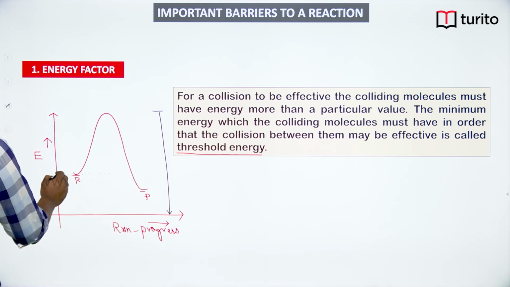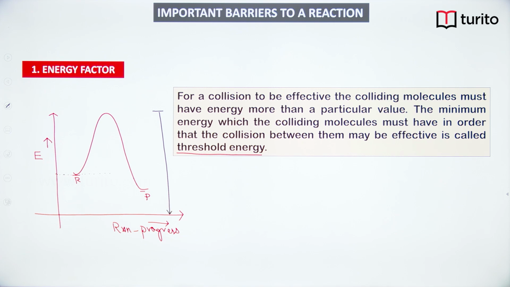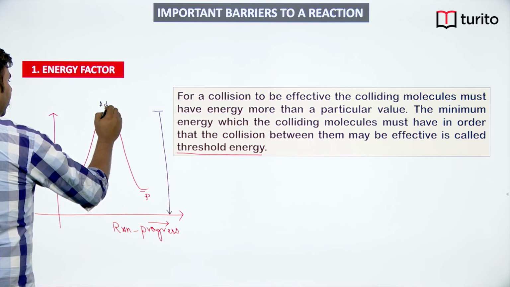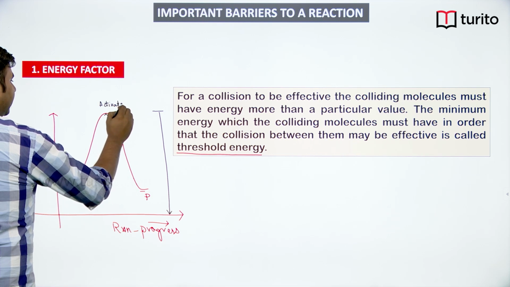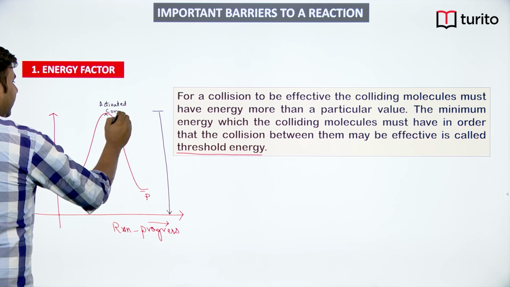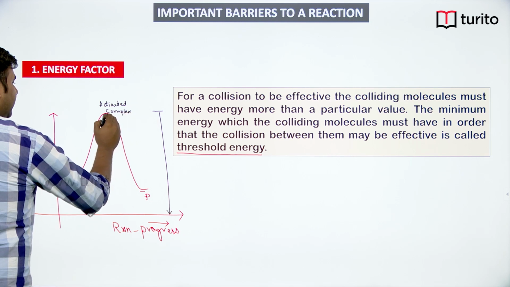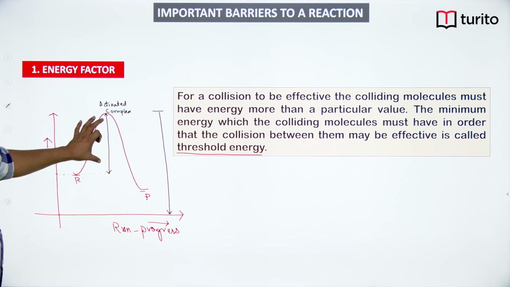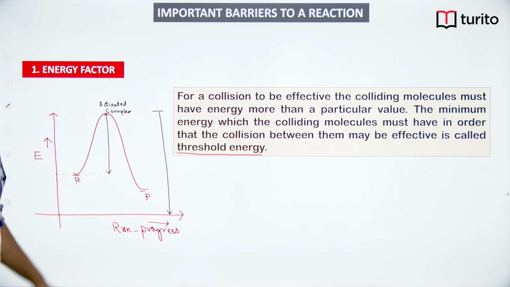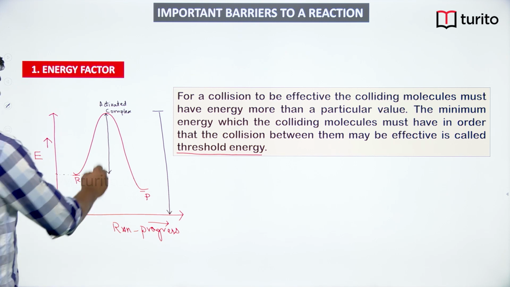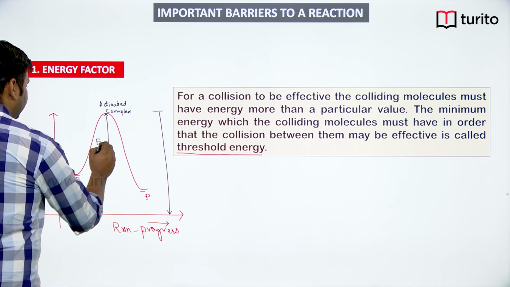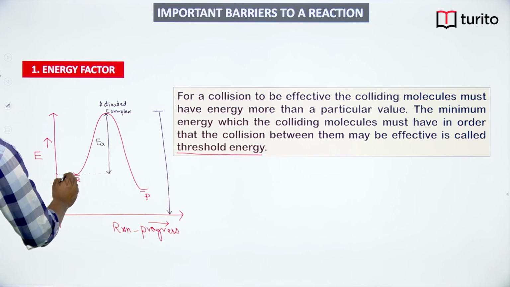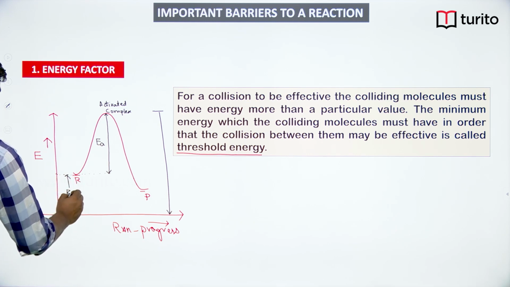This was the energy of the reactant, and this was your activated complex, which we have already defined as the transition state. The difference in the energy between the reactants and the activated complex is your activation energy. So this was the activation energy of the forward reaction, and this is the energy of the reactant.